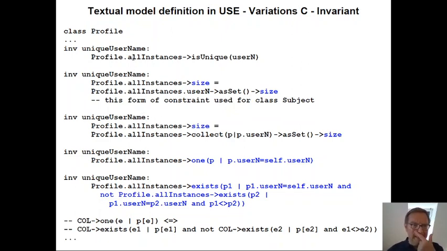We are currently discussing the profile class and the uniqueness property of the username. We have had a similar property in the class subject, and in the class subject we had a totally different shape of constraint, which was in nature very similar.